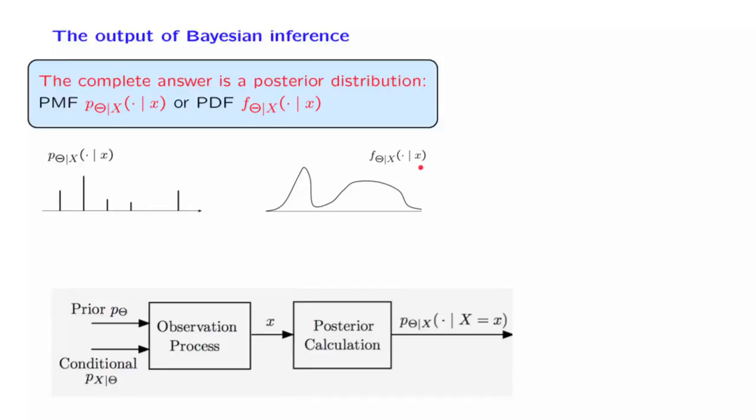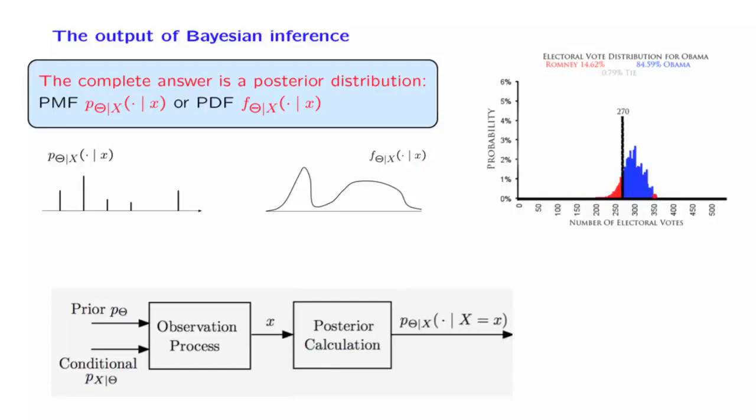But actually a more complete presentation of the results of a poll could be a diagram of this kind, which is essentially a PMF. Here, a particular pollster collected all the data and gave the posterior probability distribution for the different possible numbers of electoral votes. And this diagram is a lot more informative than a simple statement that we expect a certain candidate to get more than the required electoral votes.